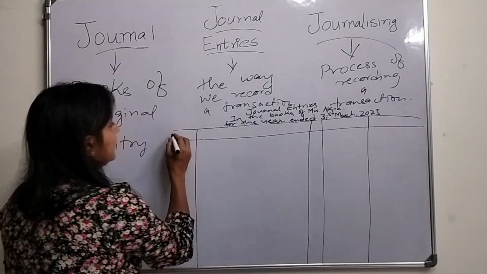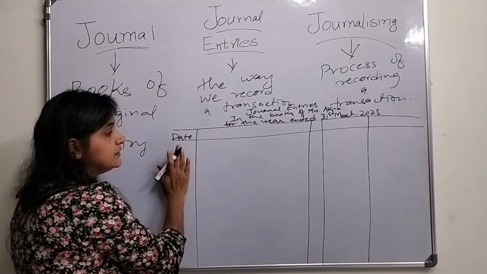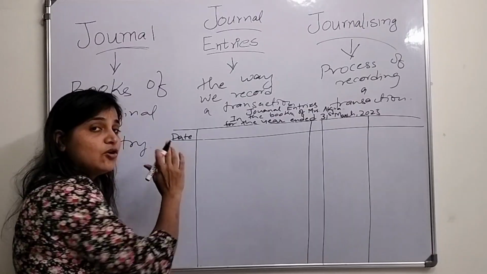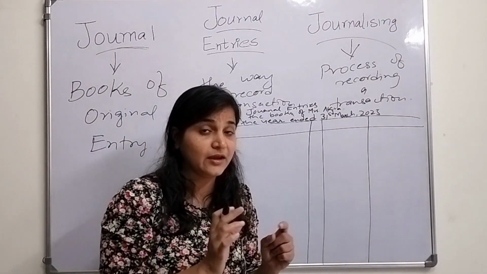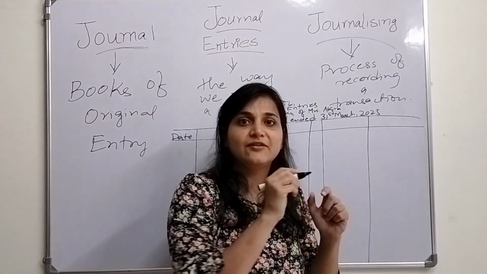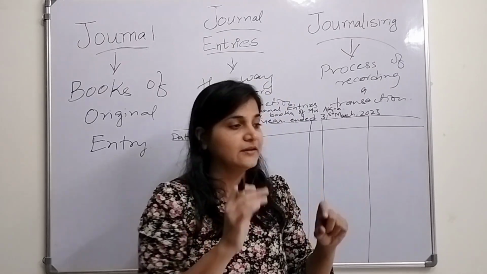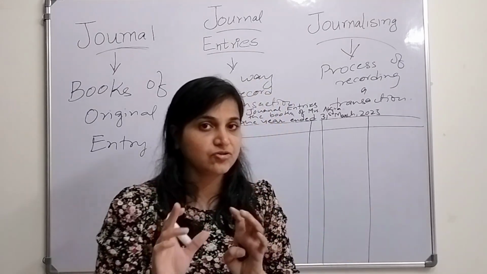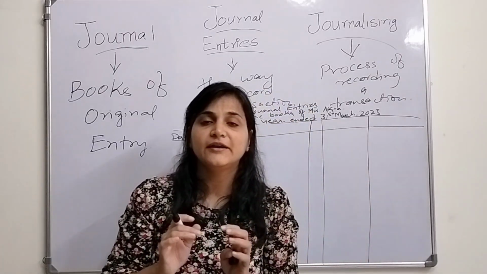Here there will be a date column. Here we will record the date on which the particular transaction has occurred, not the date on which we are recording the transaction. It may happen that the transaction occurred yesterday and the accountant forgot to record it, which usually should not happen, and he is recording it today.